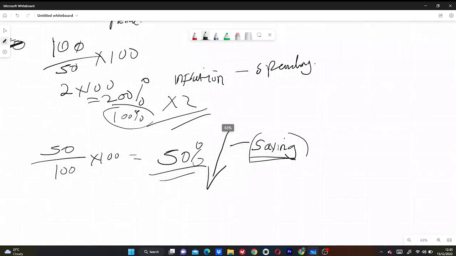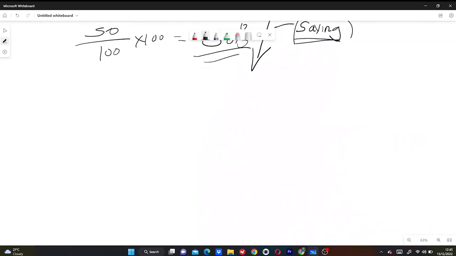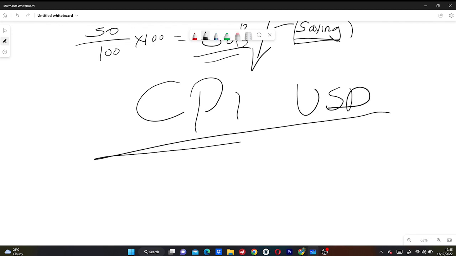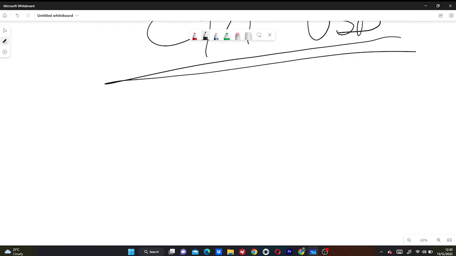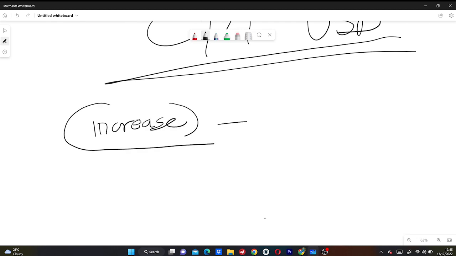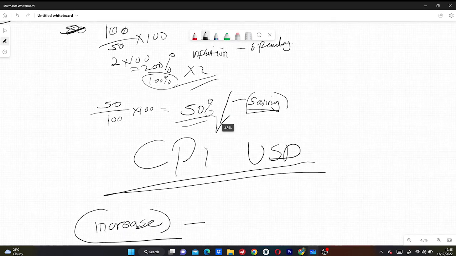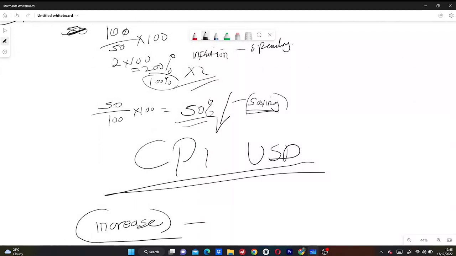So why are we interested in CPI in the USD? This is what happens when we expect the CPI to increase, when we expect the price to increase. What the government will do, for example, assume in this case we have very high CPI and people are spending so much.